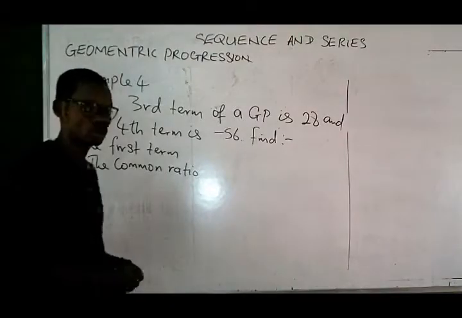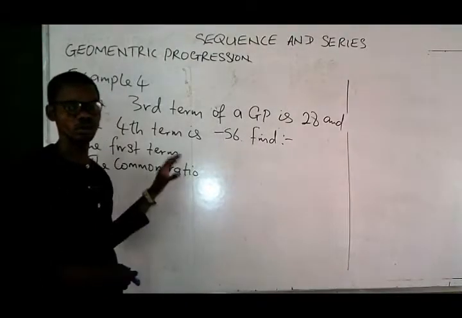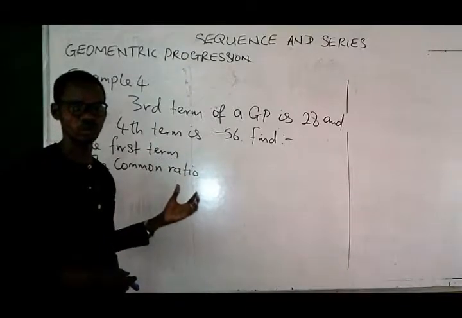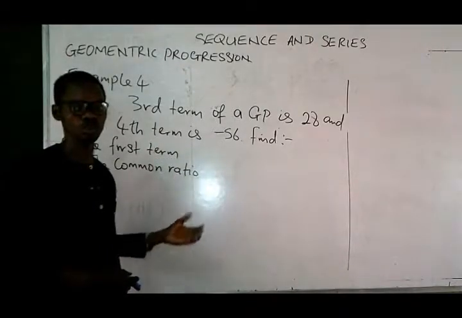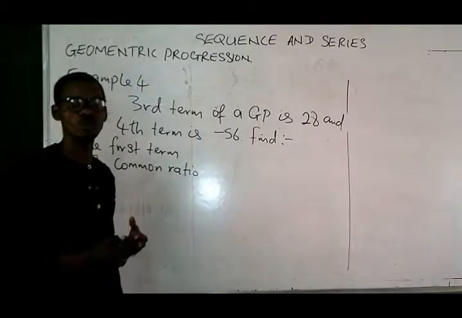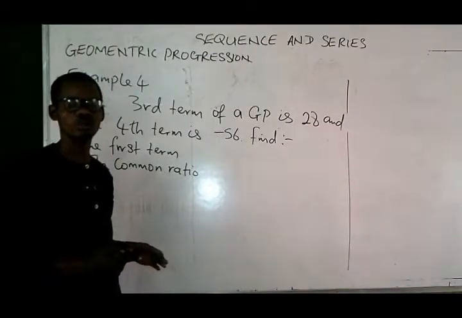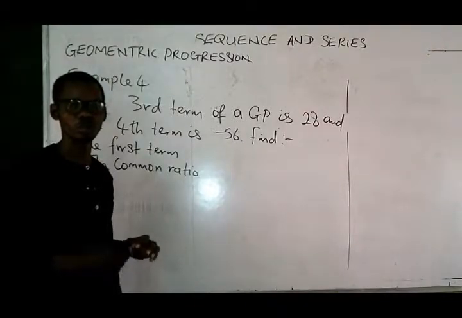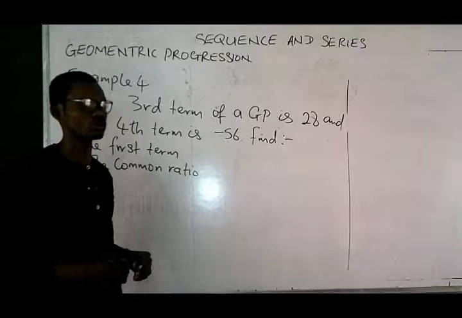Here in this question, we are going to find the first term of this geometric progression, and we are also going to find the common ratio. Since we are looking for two variables, it means we are going to apply the knowledge of simultaneous equations.